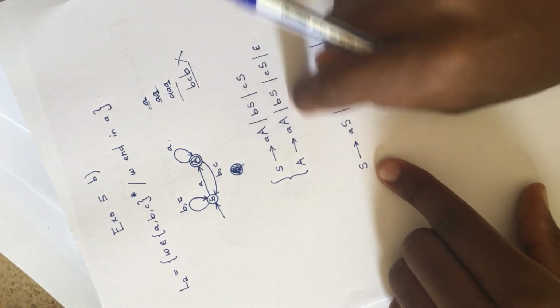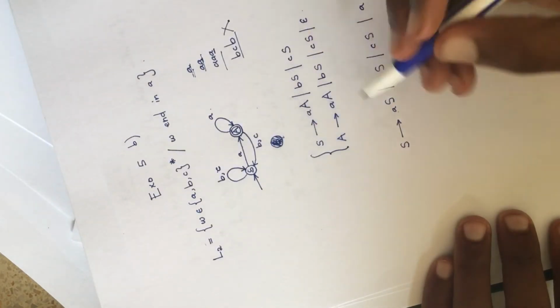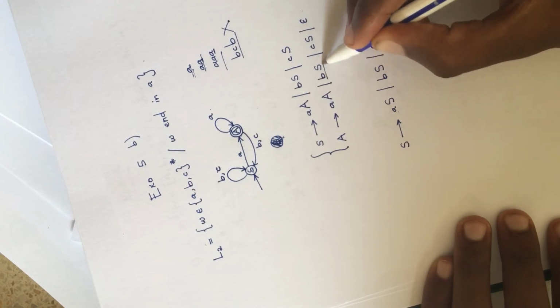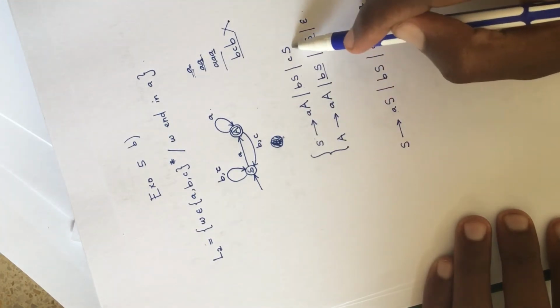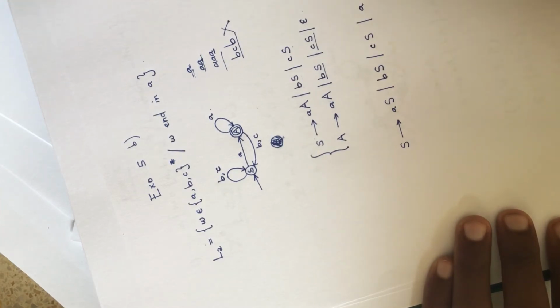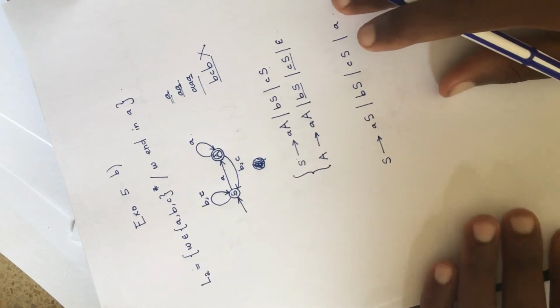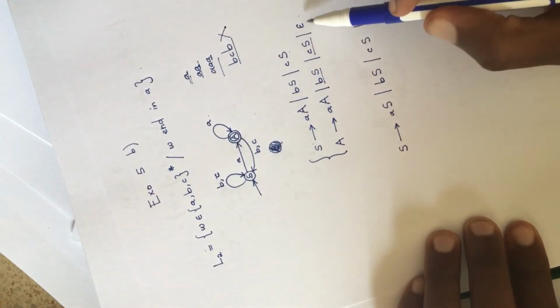So I'm going to modify my grammar to come to this state here. When you come back to this grammar, we see that A is giving us what? A is giving us a BS and a CS, but also S gives us a BS and a CS. You see what I'm talking about? So first of all, you see that in these production rules here, we're having epsilon.